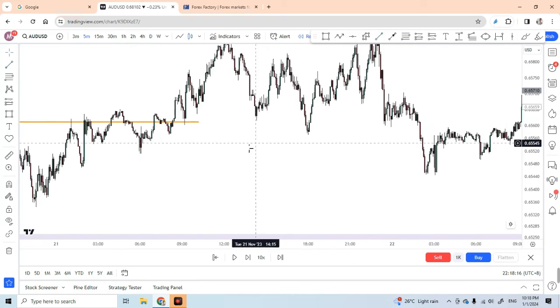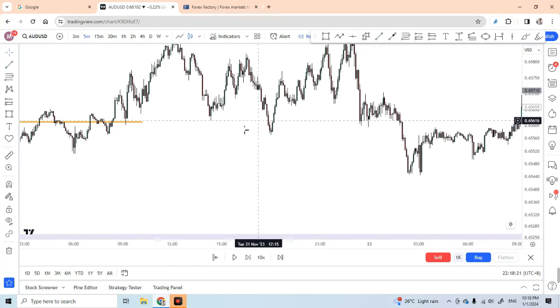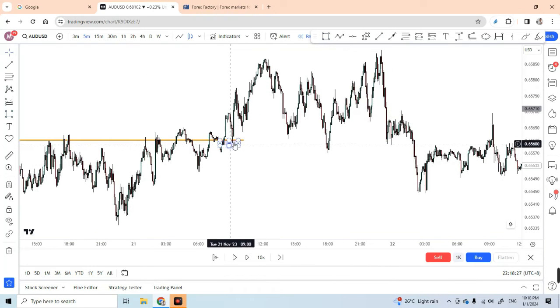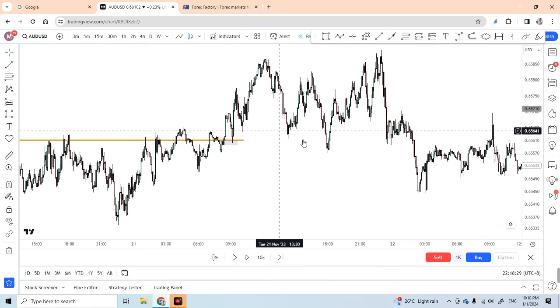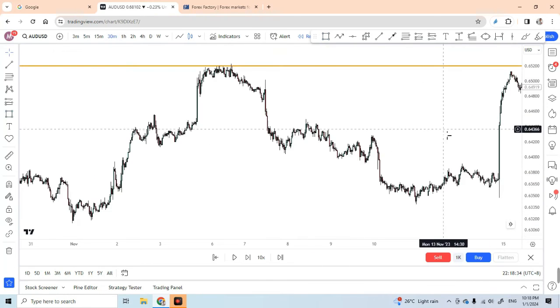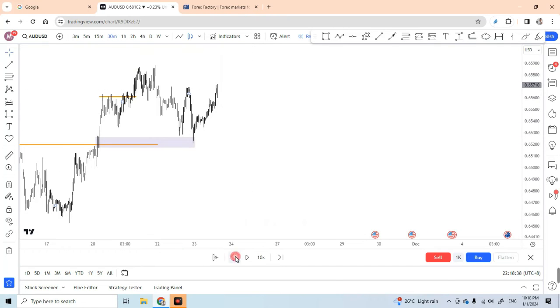Price came back down exactly once it had broken it, onto this 5 minutes zone, and you have almost the exact same thing for another buy. So looking at it, you have multiple buy trades for this kind of movement.